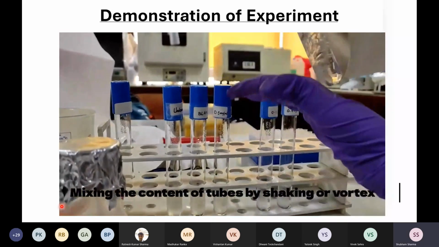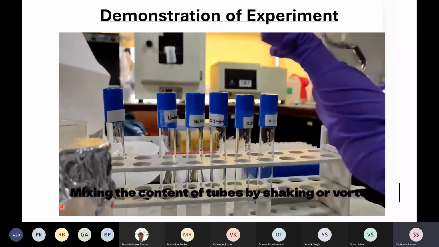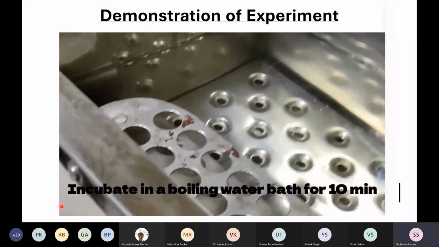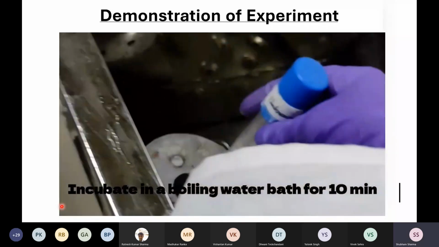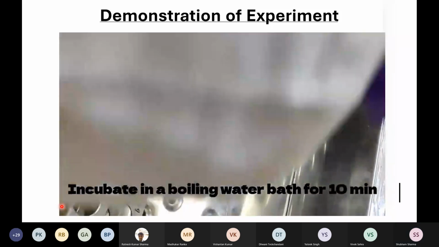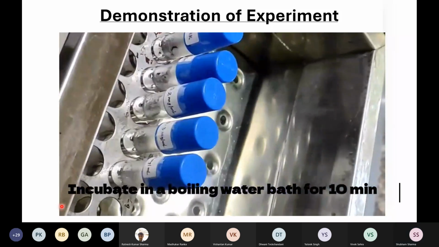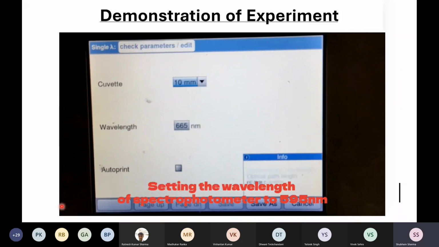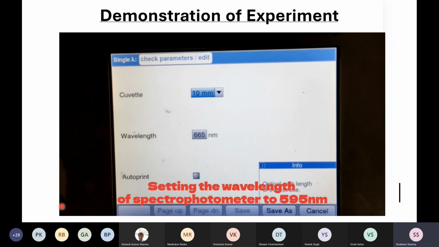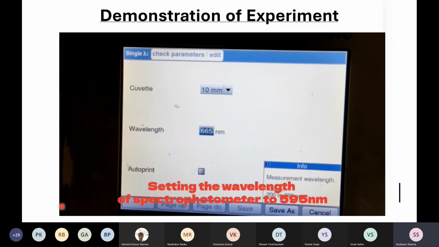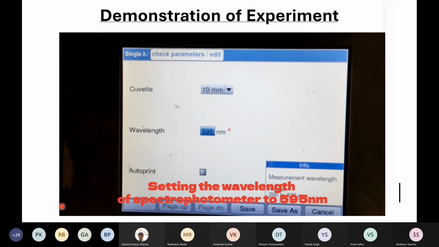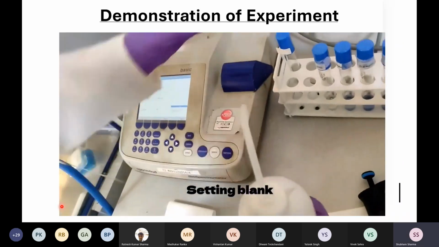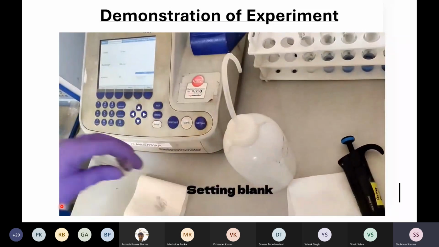We mix the contents either by vortexing or by simple shaking. Then we put them in a water bath at boiling temperature for 10 minutes. We set the spectrometer wavelength to 595 nanometer as we did in the last experiment, and then we start taking the absorbance readings. First, we do it for the blank.